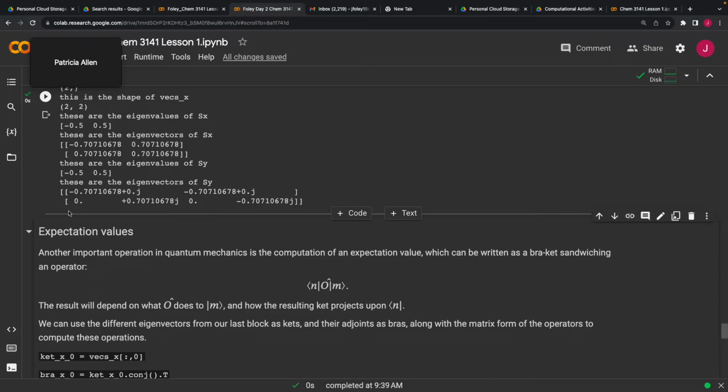So this basis ket for x spin, in our original frame, points like this. And if I multiply it by Sx, it's going to just scale this vector by the number minus h bar over 2. So it's still going to be parallel along this direction, just shorter and pointing in the opposite direction by minus h bar over 2. That's what we should see if we multiply this vector by Sx. Okay. So any questions about that?